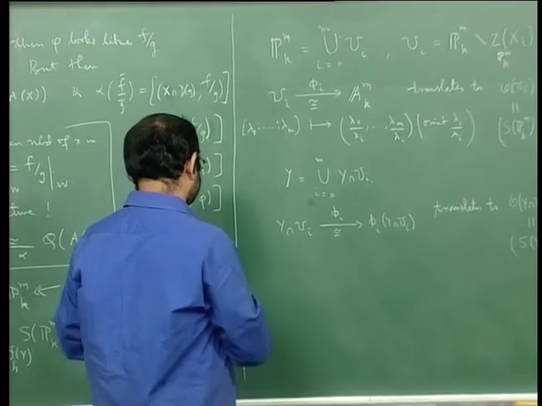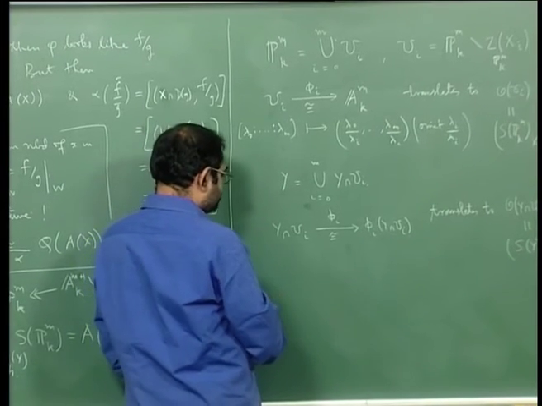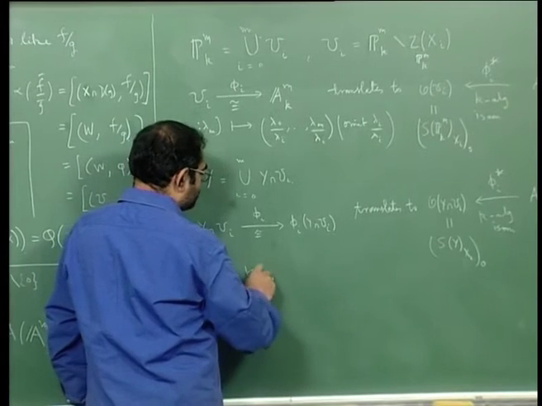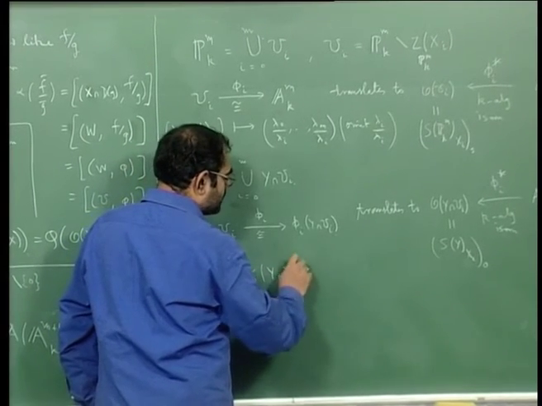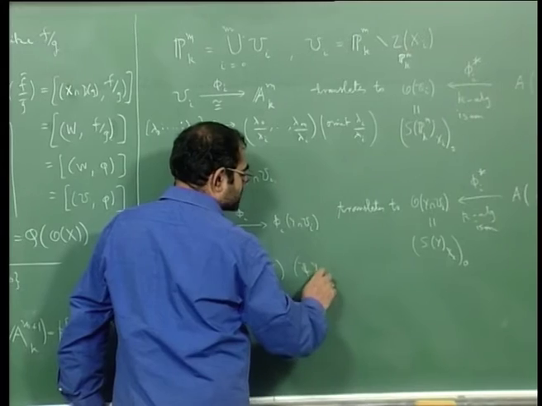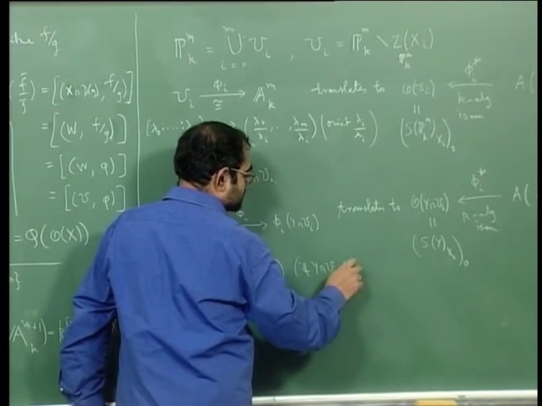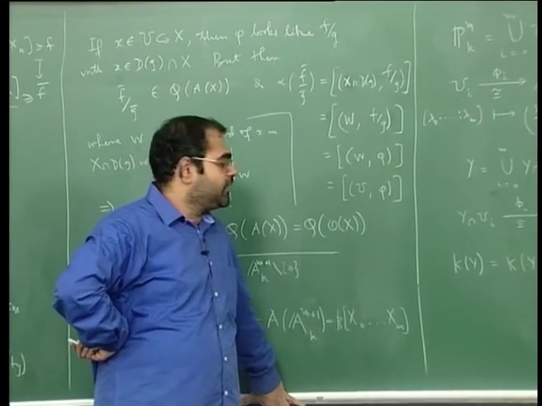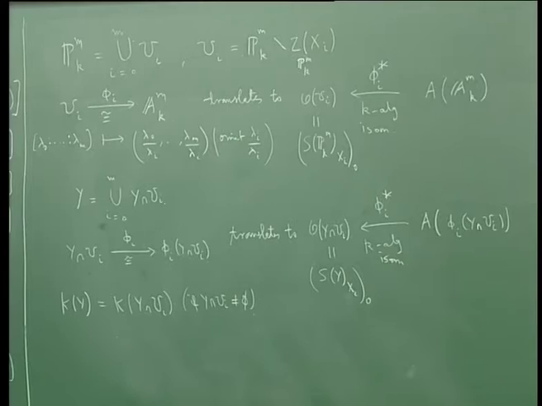And now here is a point. K(Y) is the same as K(Y intersection U_i) if Y intersection U_i is not empty, because I told you that the function field does not change if you go to a non-empty open subset.